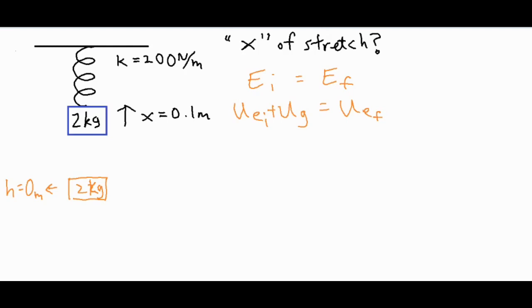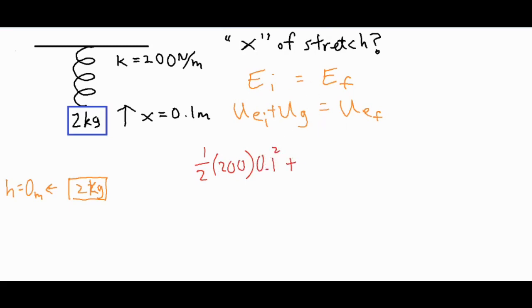So what we can do is go ahead and expand these out into their formulas, but there are definitely some tricky parts to it that we want to pay attention to. So we have the elastic potential energy in the beginning. We can call that 1/2 K x squared.